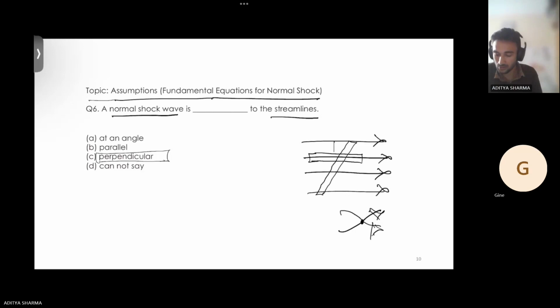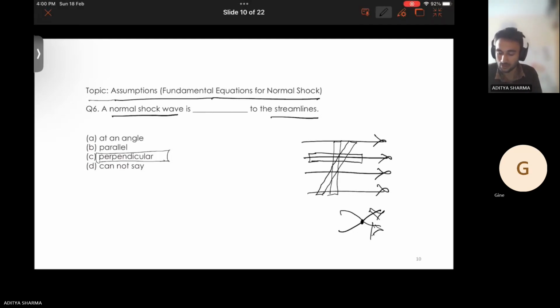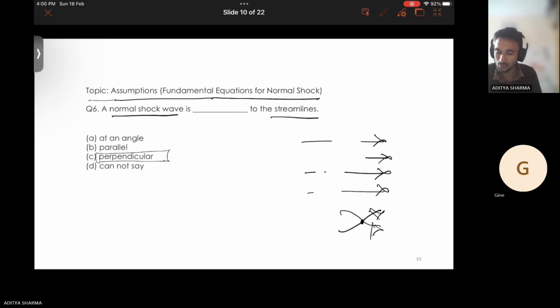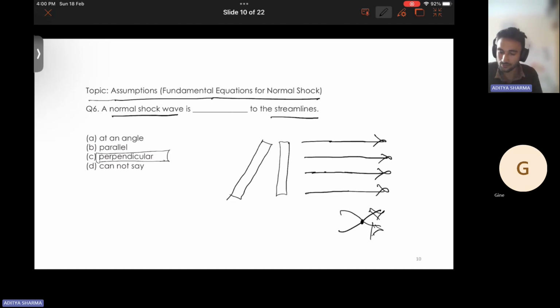But for this case, whether this is true or not, we should see that. Not like this. The normal shock like this.